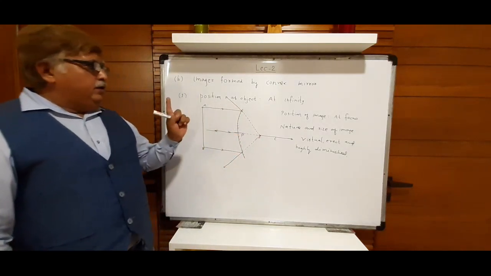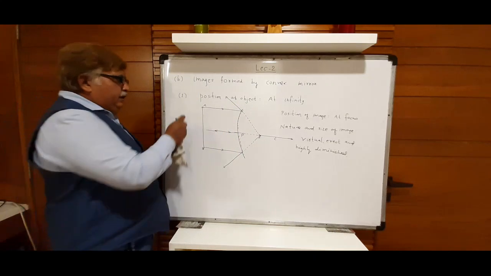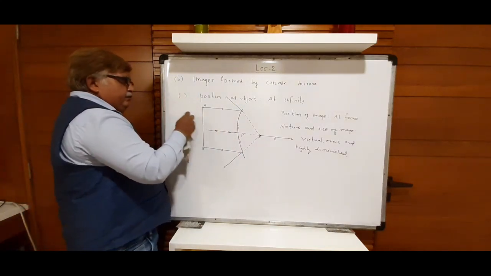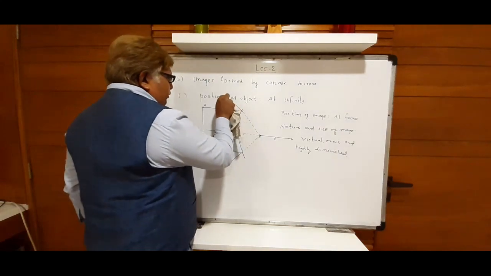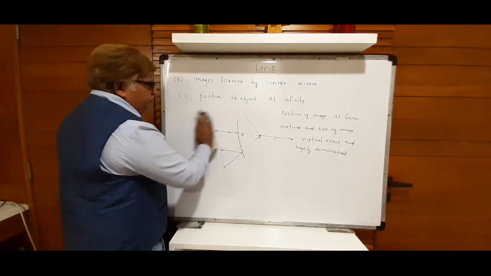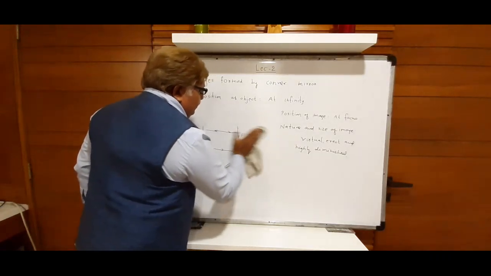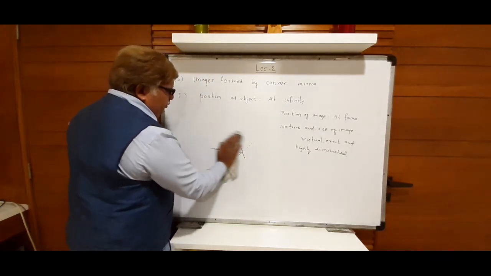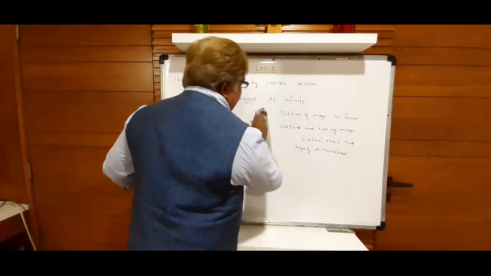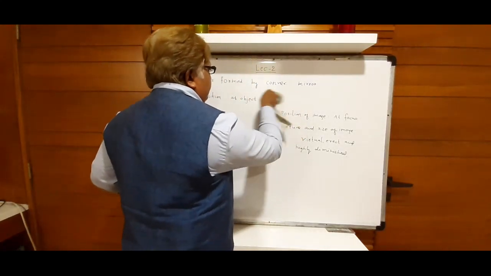Now, as I erase some data from here, at the same time, you should also erase the diagram and write at least position of object, position of image, nature and size of image.